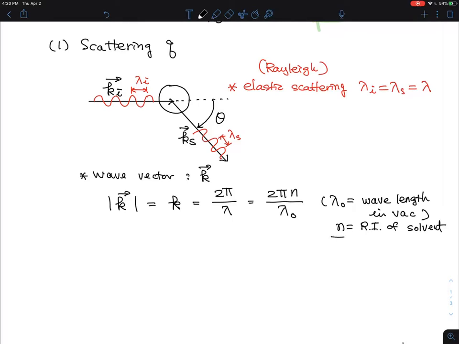The refractive index of the solvent is much easier to find, so you can use that number. This is how the wave of light passes through, and then I am going to use some geometrical argument to relate it to theta.